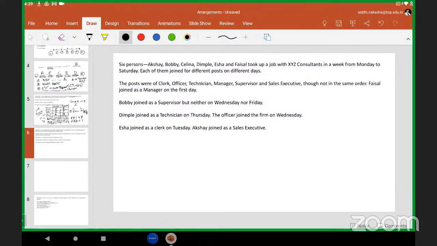So read this puzzle. Take your time. So again, there are six people whom we can consider to be A, B, C, D instead of writing their complete names.